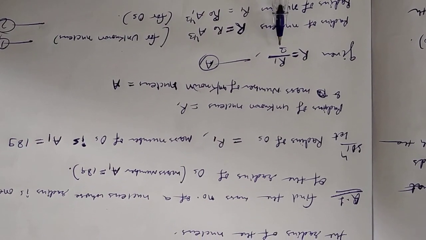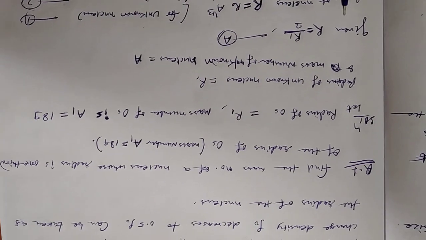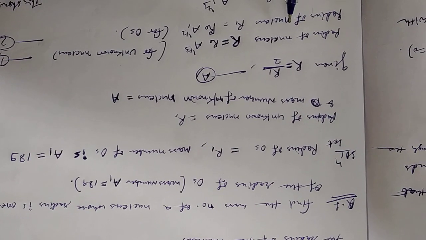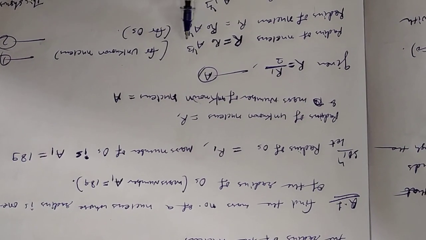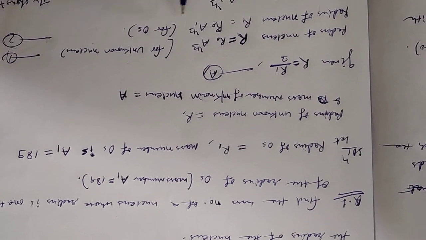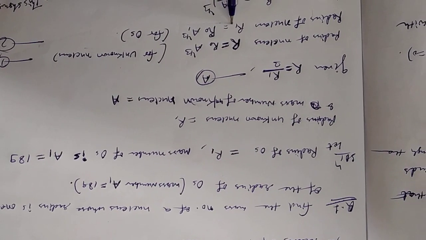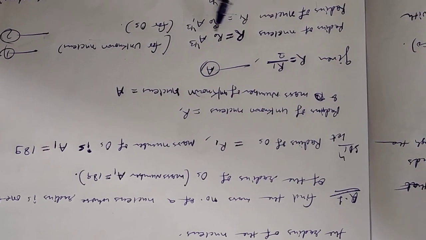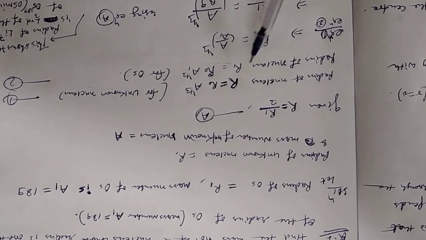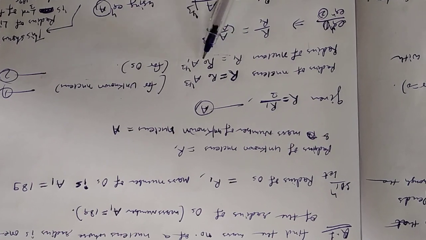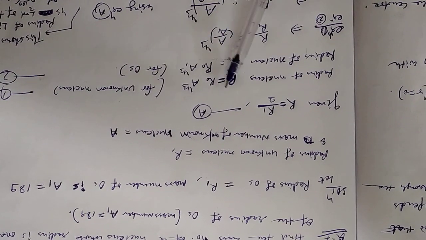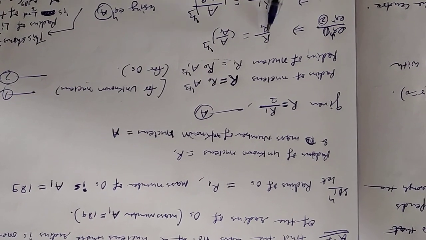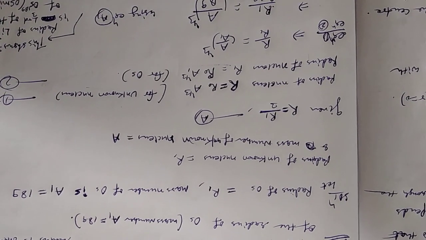It is given that R equals R1 upon 3. From the formula of radius we can write this for the unknown nucleus and this for osmium. If we take the ratio of these two equations, R upon R1, then R0 cancels out, and this can be written like this, with R equals R1 upon 3.